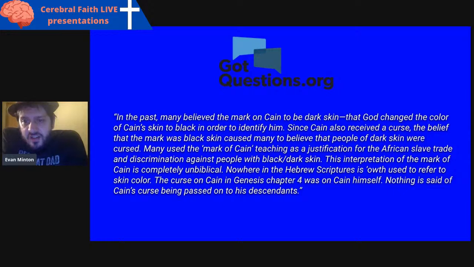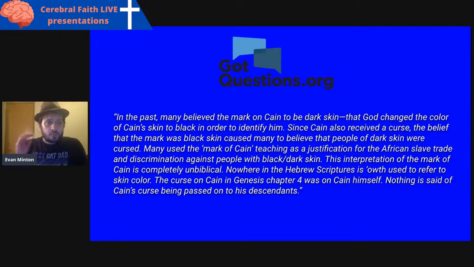This interpretation of the mark of Cain is completely unbiblical. Nowhere in the Hebrew scriptures does oath used to refer to skin color. The curse on Cain in Genesis chapter 4 was on Cain himself. Nothing is said of Cain's curse being passed on to his descendants," end quote.